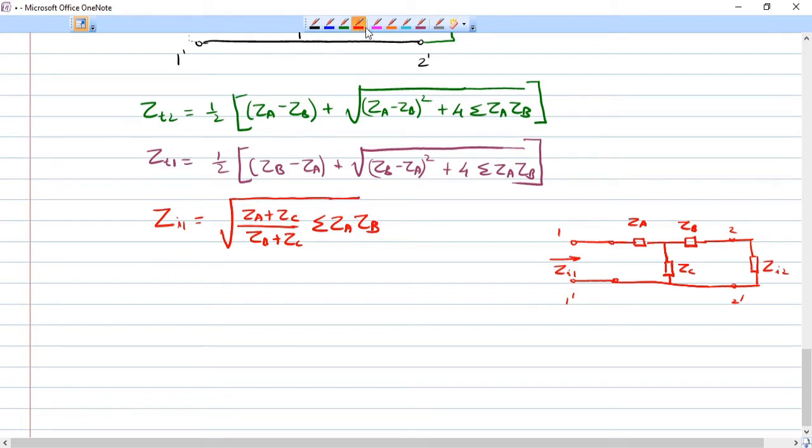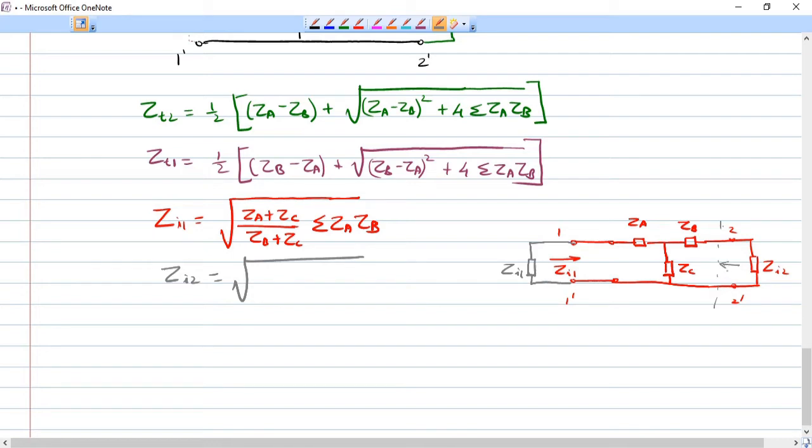Similarly, we will be able to write the image impedance ZI2 as equal to square root of, so what is ZI2? ZI2 is when you attach the image impedance ZI1 to the port 1. Here you attach ZI1 and then you look at this network from the 2 side.